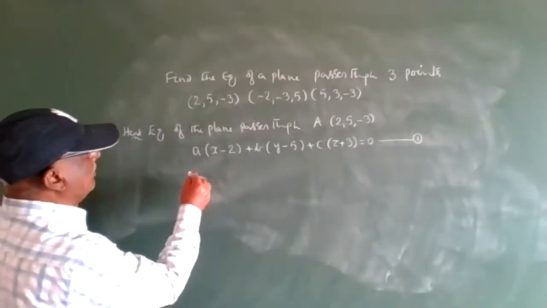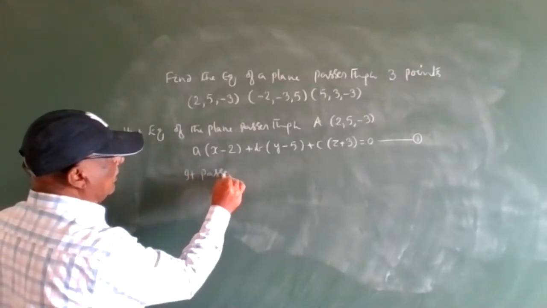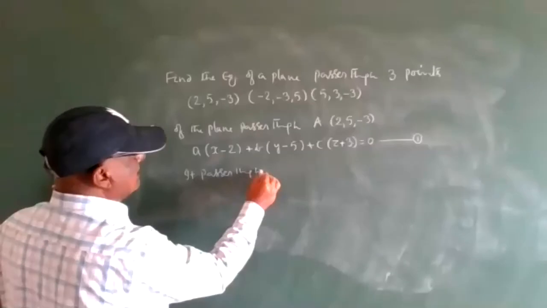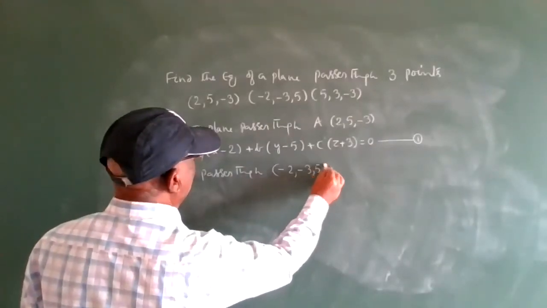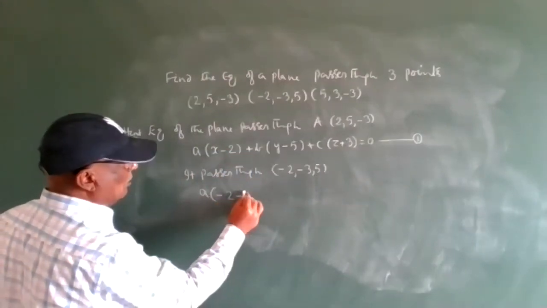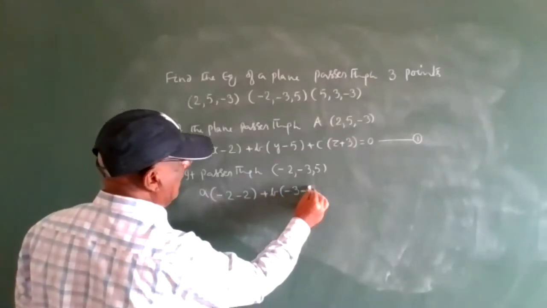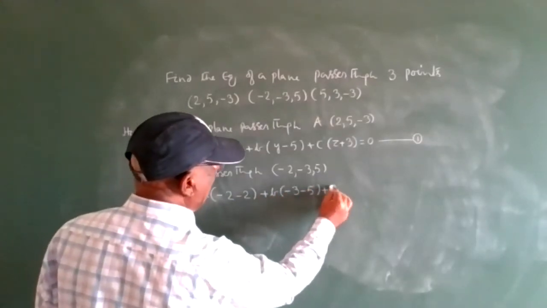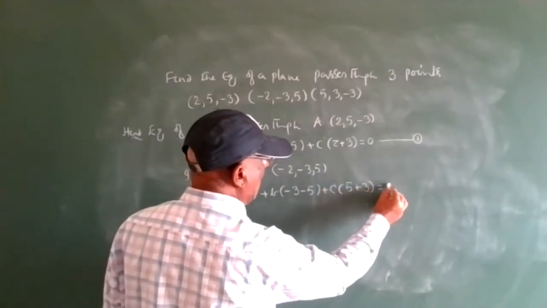Immediately substitute the second point. It passes through the second point, which is minus 2, minus 3, 5. Substitute: a into (minus 2 minus 2) plus b into (minus 3 minus 5) plus c into (5 plus 3) is equal to 0.